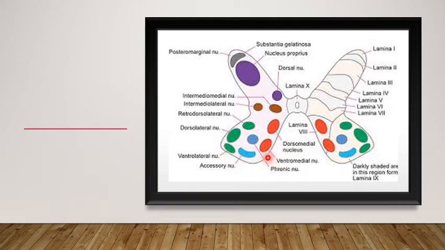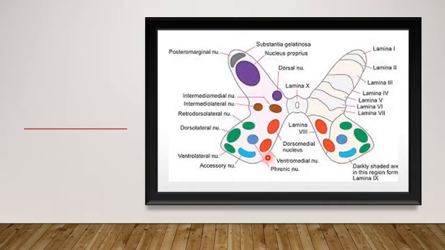Anterior or ventral horn includes all your alpha motor neurons. ठीक है, अल्फा मोटर न्यूरॉन्स हैं यहाँ पर, और गामा मोटर न्यूरॉन्स हैं. इनका मेन क्या है वर्क? They innervate the fibers of the muscles.